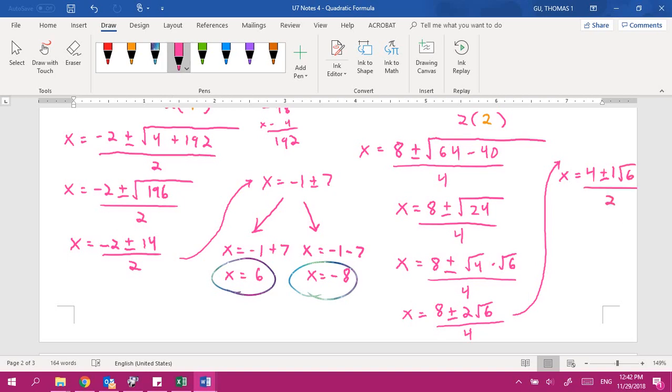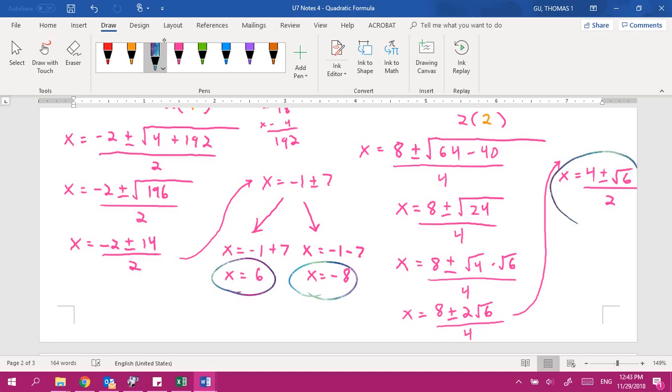You don't need to write the 1 because it's pointless to say 1 times square root of 6. So you want to just write plus or minus the square root of 6 over 2. And that's your final answer because you can't reduce it anymore. And so that's it right there.